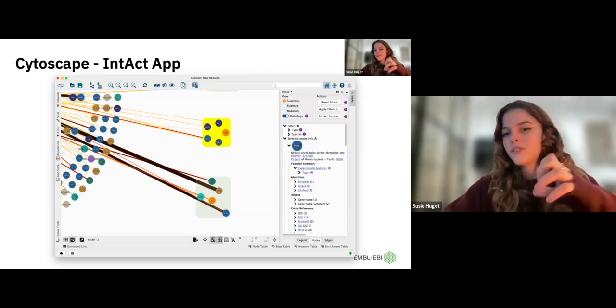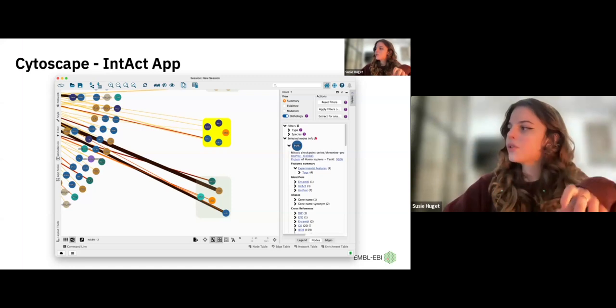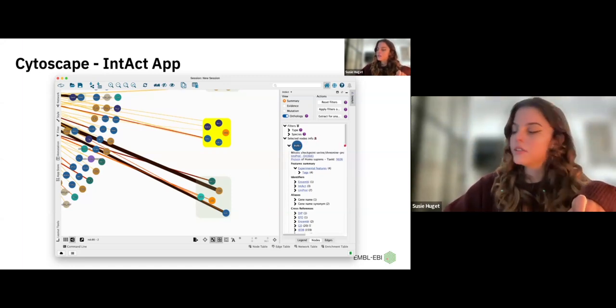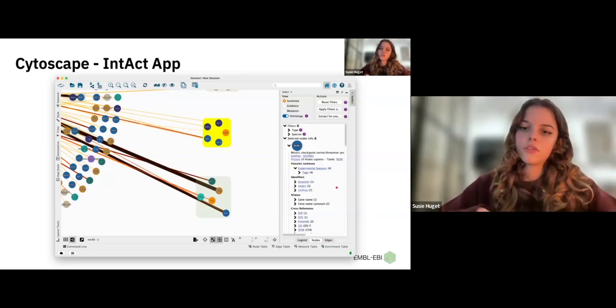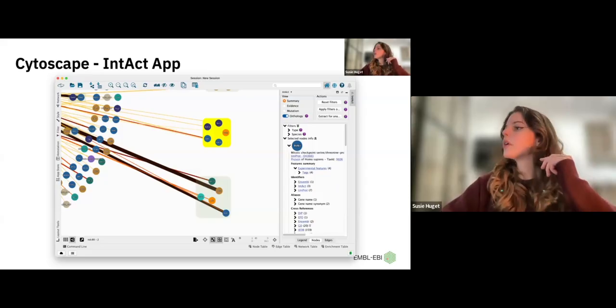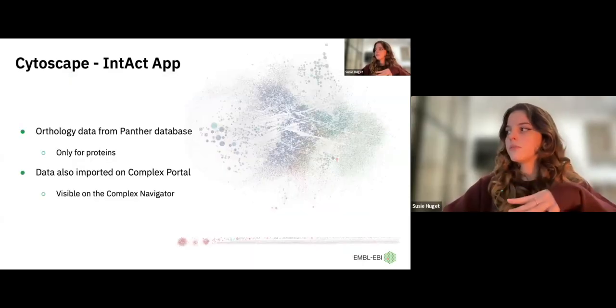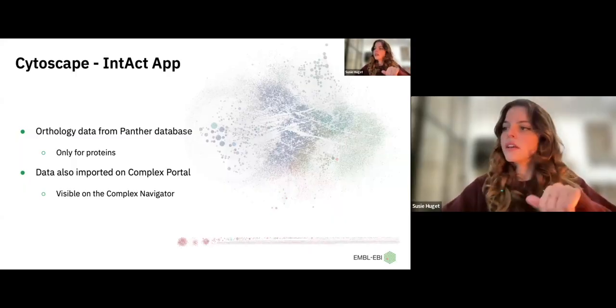So here the ortholog group is considered a bit like a node, and it will show you all the interactors that are contained in this group with all its information, the same way it shows for the usual nodes. And also, this is a little reminder: the Panther database is only for proteins.